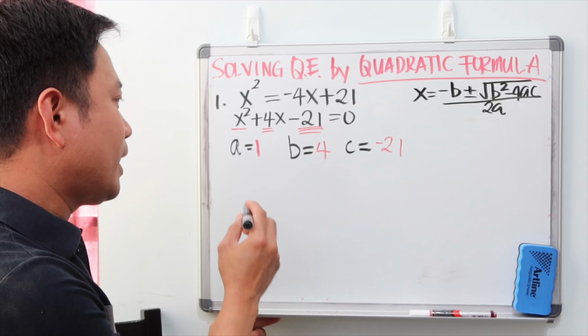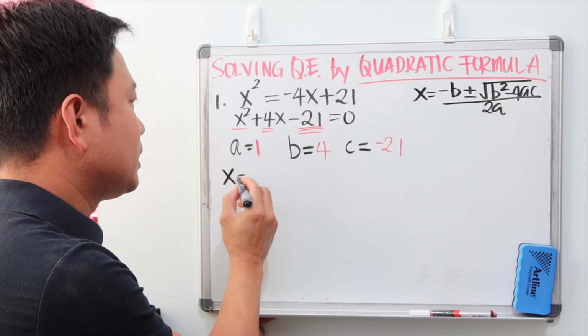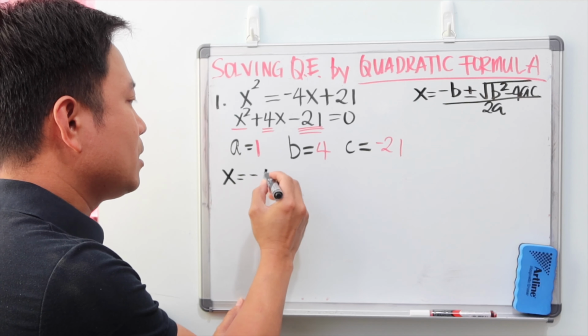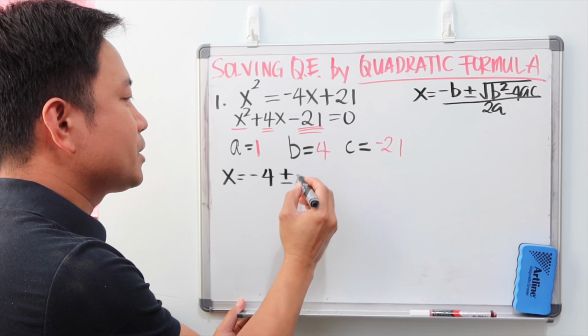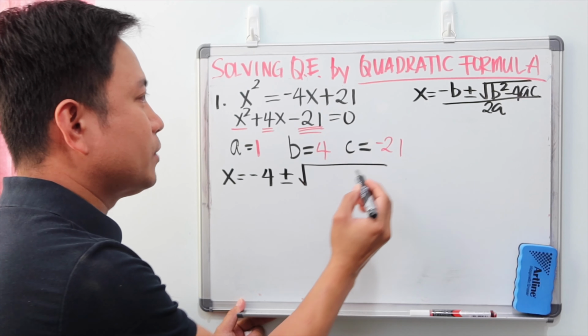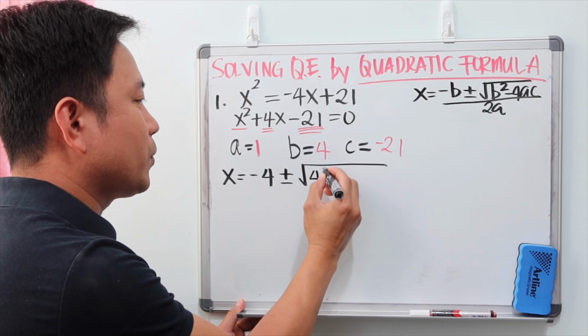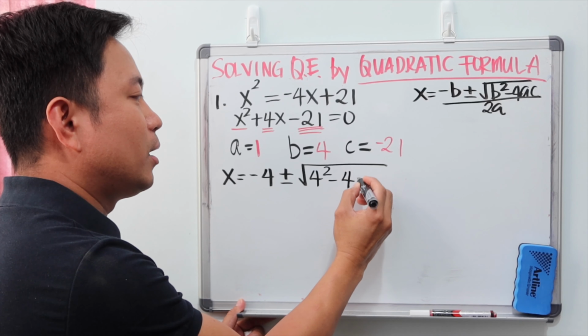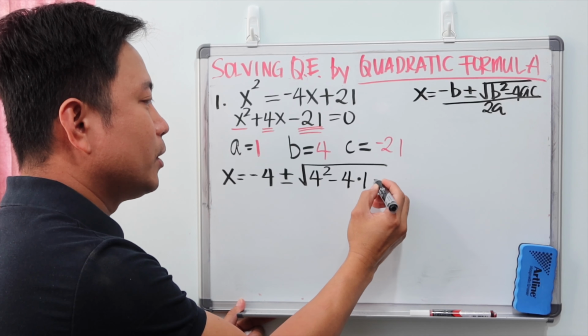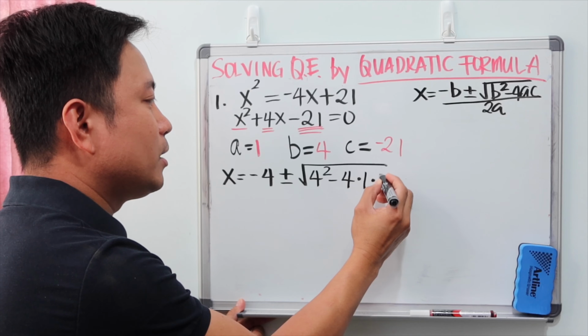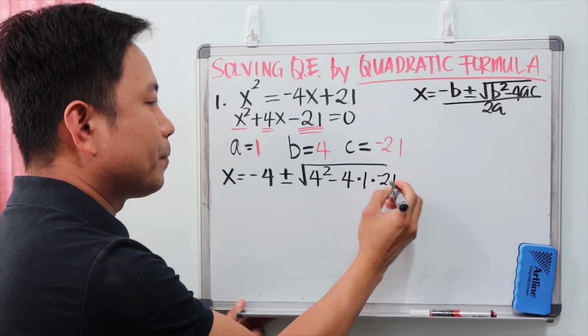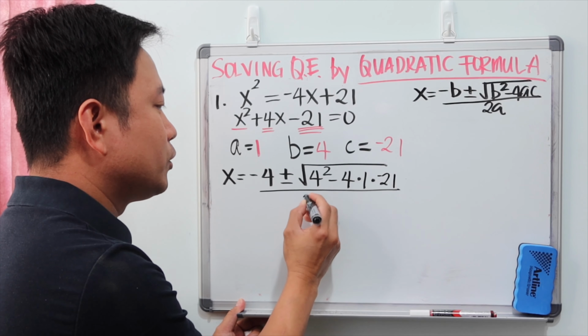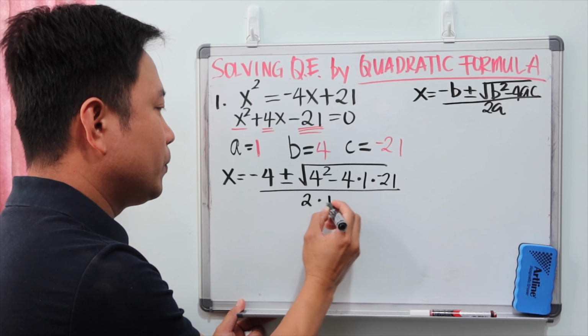So solving for the values of x, we now have negative b plus or minus the square root of b squared, which is 4 squared, minus 4 times our a value times our c value, negative 21, divided by 2 times our a value, 1.